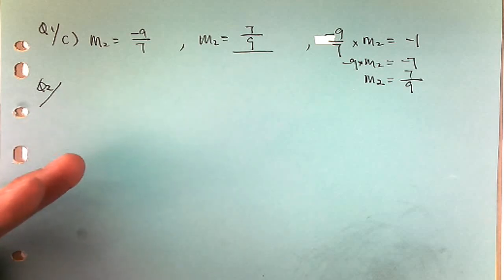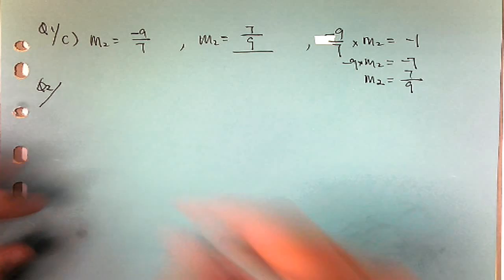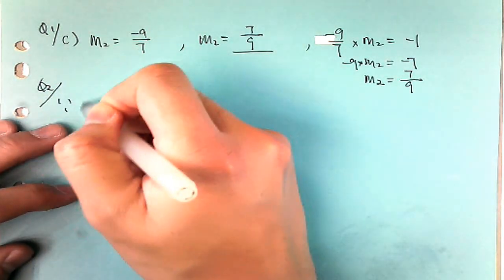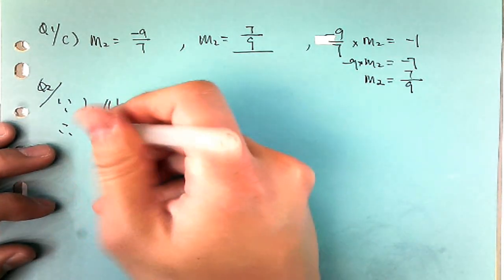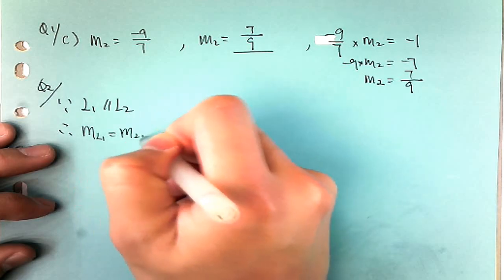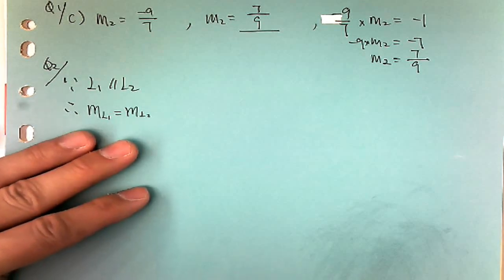Their slopes must be the same. Understand? So you have to calculate the slope of L2. How to calculate? Just write in this way. Since L1 is parallel to L2, we have ML1 equal to ML2. In this way, it must be very clear.